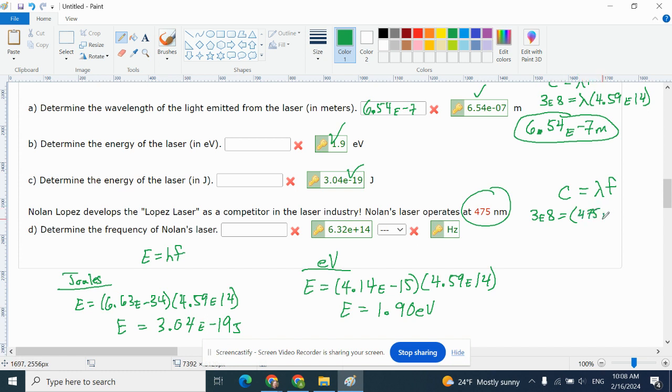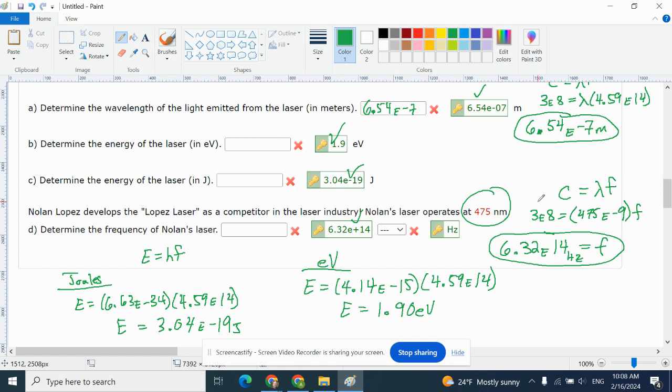We'll do 475 times 10 to the negative 9th, because nano is negative 9. Calculator 3E8 divided by 475E negative 9. I get 6.315, so I'll round to 6.32 E14 hertz.